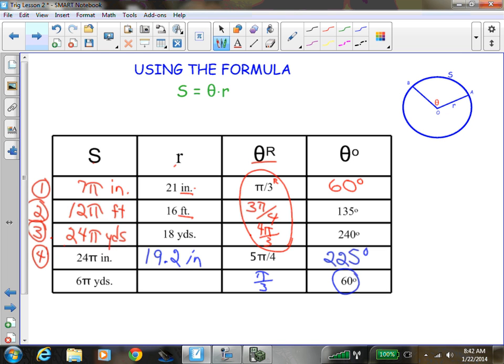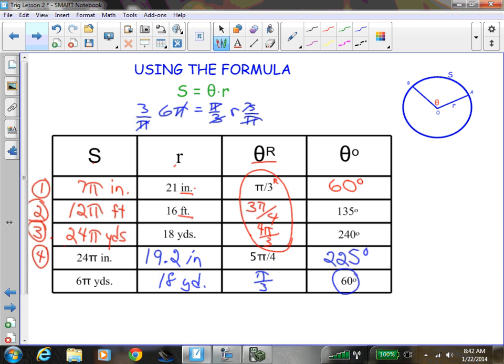Now, if we take our numbers here, we've got a 6 pi here, and we've got pi over 3, and then that's our r. So we're going to multiply by 3 over pi. And so it just looks like 18, right? Is that what you got? So 18 yards.